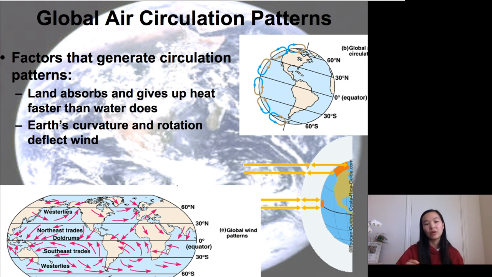The equator is the farthest away from the axis of the Earth, compared to the North and South Poles, which are the closest to the Earth's axis. So the poles actually spin the slowest, and the equator is going to spin faster than the rest of the Earth's surface because it's furthest away from the Earth's axis.